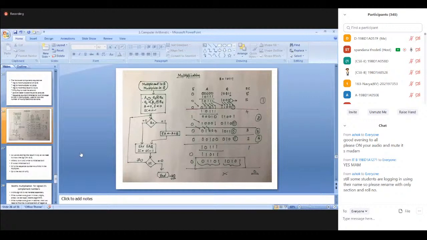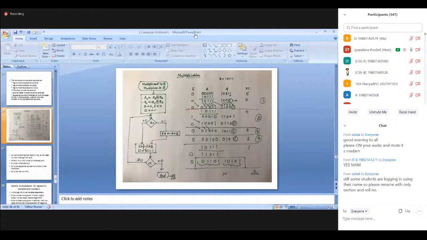Where is the multiplicand present? The multiplicand is present in B. So this partial product is to be added to the previous product and the updated value is to be stored in EA. Clear? After that, perform shift right operation on EAQ and decrement the sequence counter. That means for 1 bit of the multiplier, the partial product has been generated.